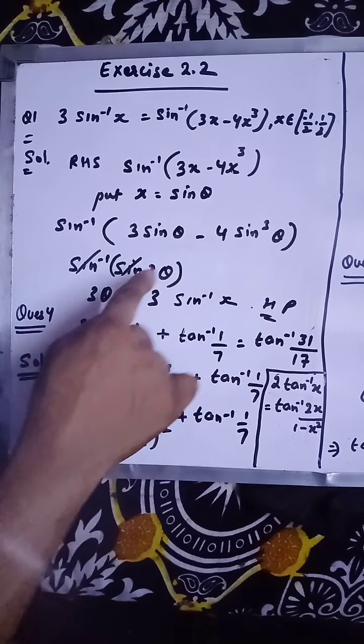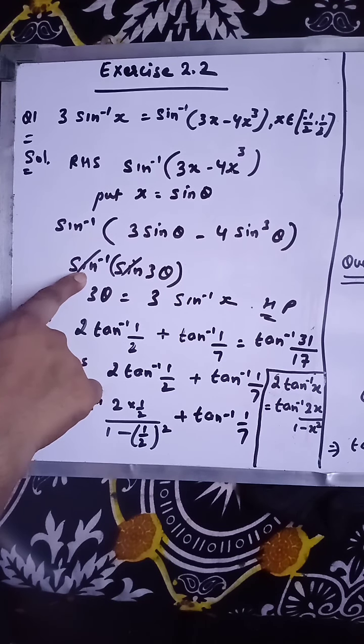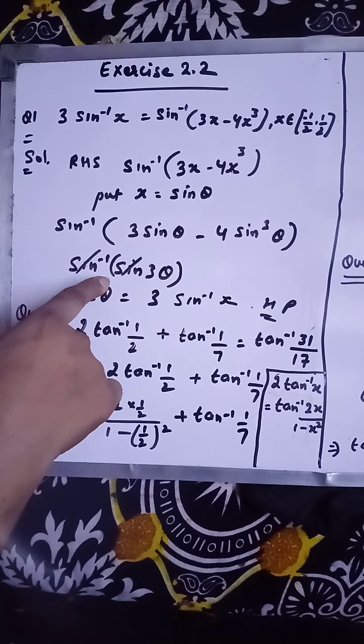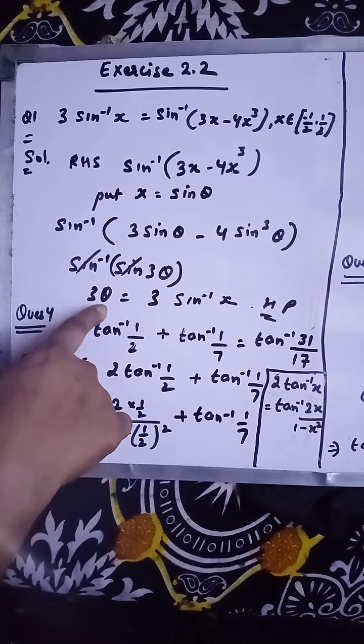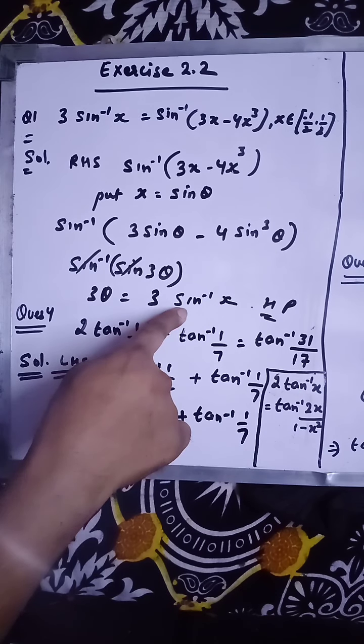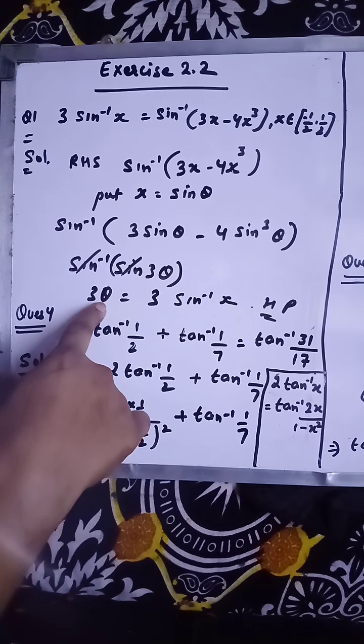So in place of this I'm writing sin 3 theta, and the sine inverse remains the same, then sine inverse and sine cancel out and you will get 3 theta. In place of theta you have to write sine inverse x. How are you getting theta?